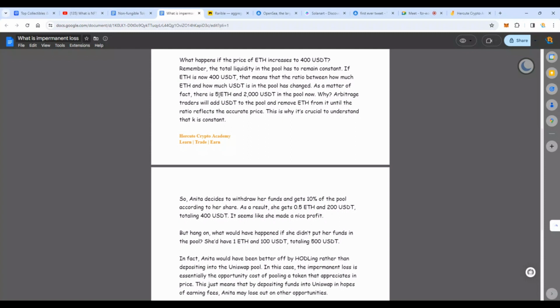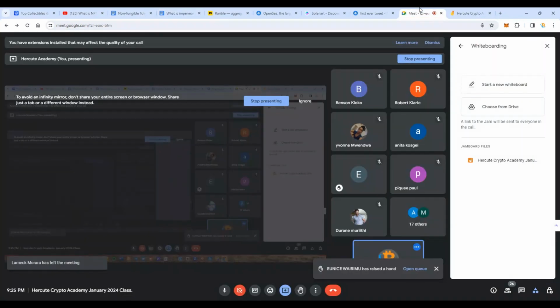If you multiply 5 Ethereums by the value of 1 Ethereum, which is 400 USDT, that is $2,000, right? Do we agree, all of us, that 5 Ethereum multiplied by 400 is 2000 USDT? Guys, are we following? Yes. Okay, good.